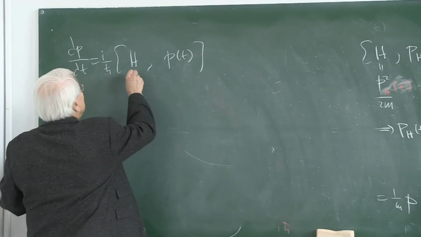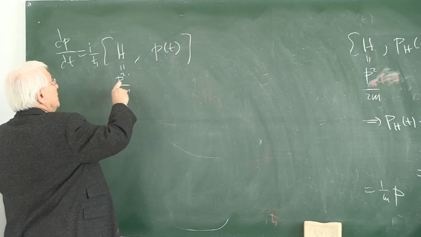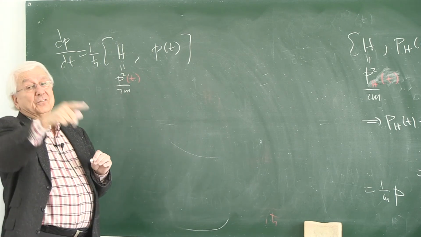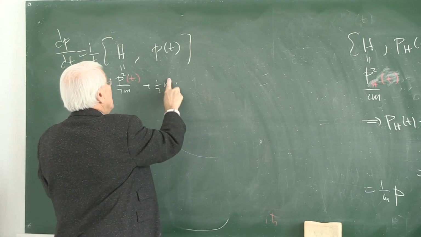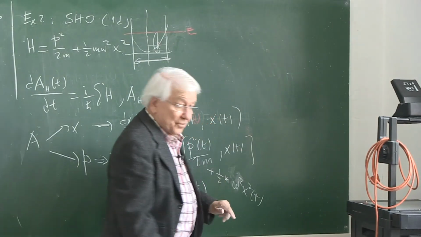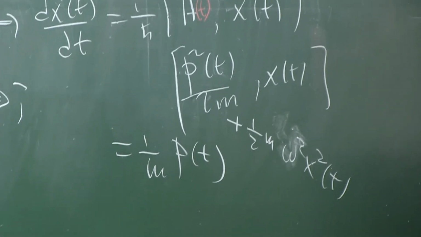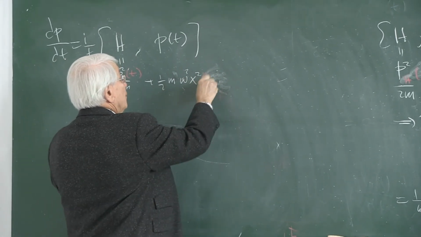So the same in here: p squared over 2m, I use that fancy game of putting the t to be the same as the other, plus one half m omega squared x squared, all at time t. I wouldn't make a mistake there, otherwise I would be flunking freshman physics, right?